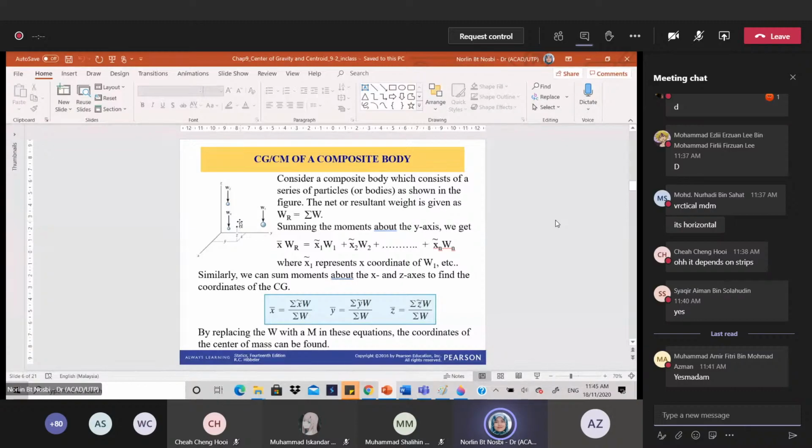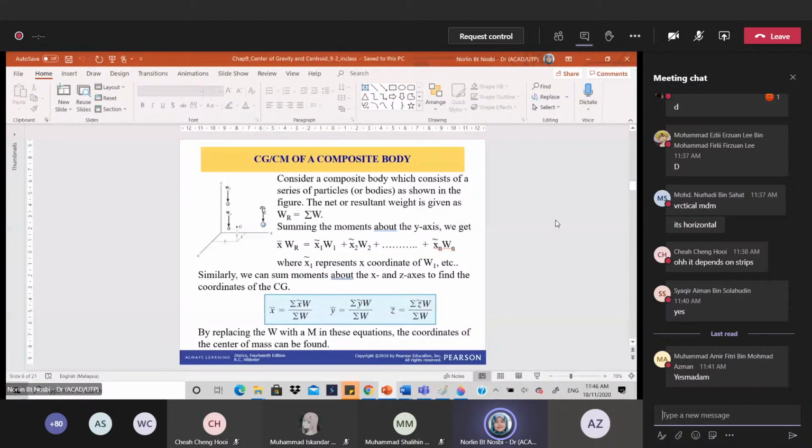Where is it? It is labeled as x bar, y bar, and z bar, same as the first slide that I shared with you, but you need to change it at the end. It's not dW, it is labeled as W, because this shows W. In the first slide, I named it dW. It is the same thing, just the label is different.